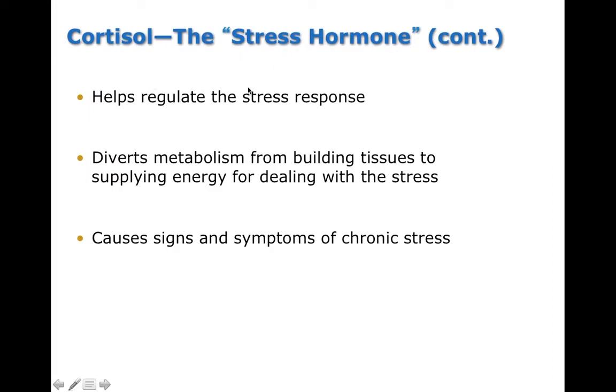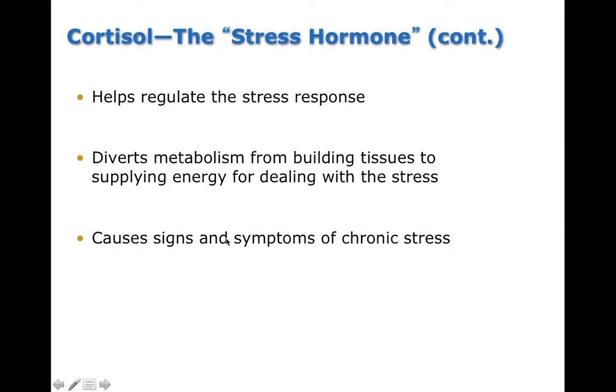Now, because it helps regulate the stress response, the way it does this is that cortisol acts to increase the concentrations of free fatty acids and glucose in the bloodstream, which basically diverts your metabolism from building tissues to releasing energy in the bloodstream, such that your body's cells that are participating in the stress response have more energy to do so. And so, acutely, you're going to see an increase in blood sugar and free fatty acids.